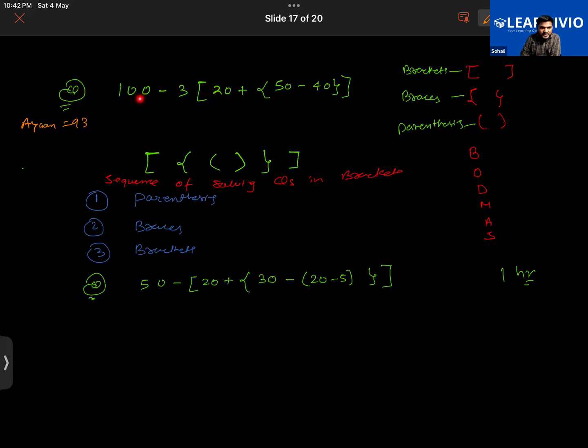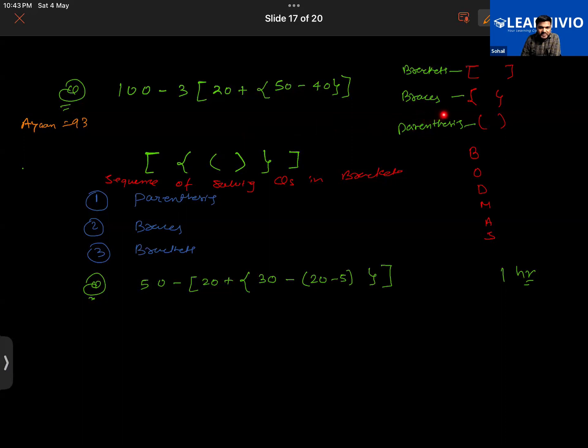Let me say that this is 100, this is 3, that is 20, this is 50, and this is 40. If you got confused about what numbers are written here, that's why I'm repeating. So first you look out for parenthesis, this type of bracket. Is it given here? No, it's not there.